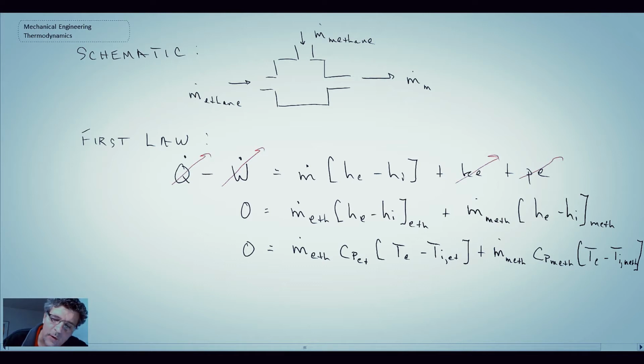In this equation, we know everything with the exception of the exit temperature for the two fluid streams. So what we can do now is insert all of the known numbers and then calculate for TE.